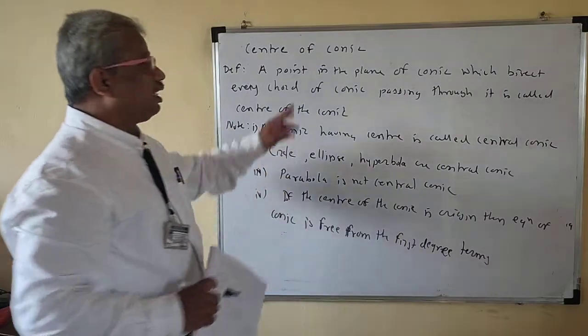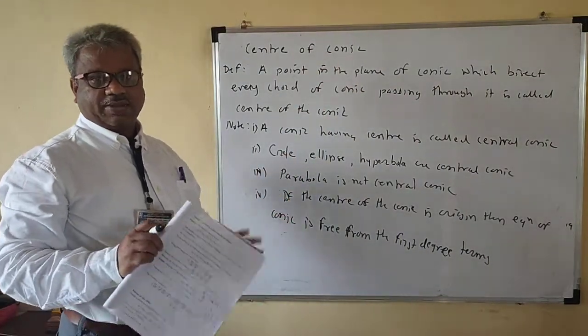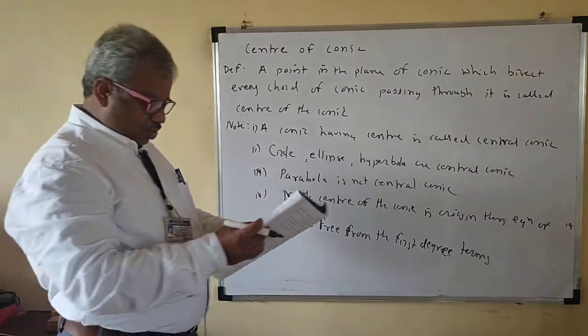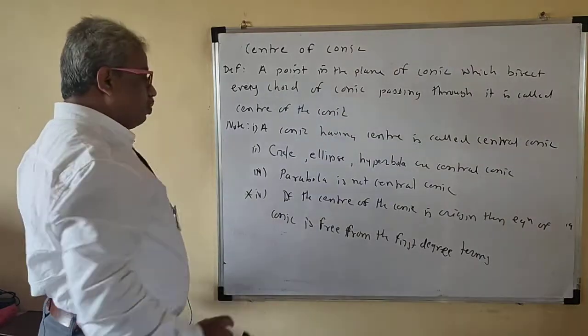That means there is no first degree term, x and y are not there. So there will be only the second degree terms and a constant. This is a very important result we are applying here.